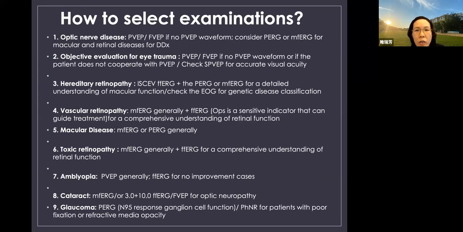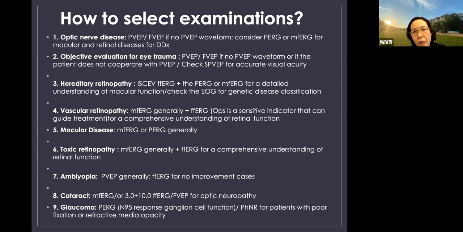If the patient has very poor visual acuity, or if we have no waveforms by pattern VEP, we need to know if the visual function cannot be formed because of the optic nerve, and we have other diseases to diagnose and differentiate.